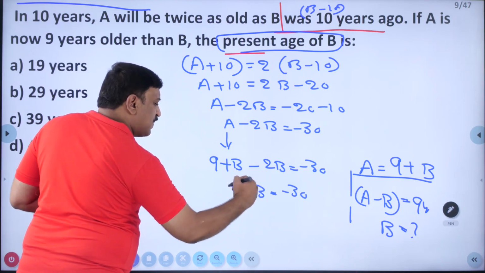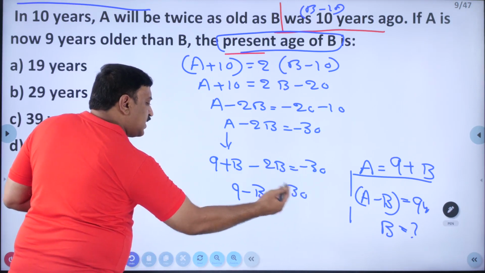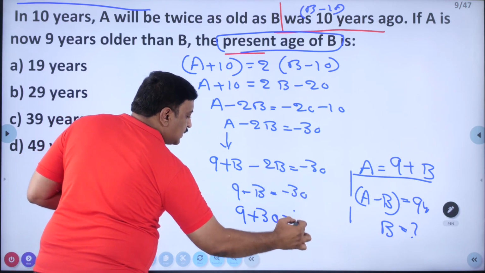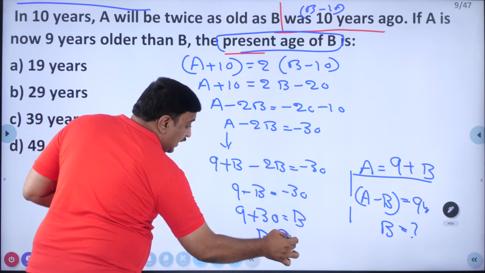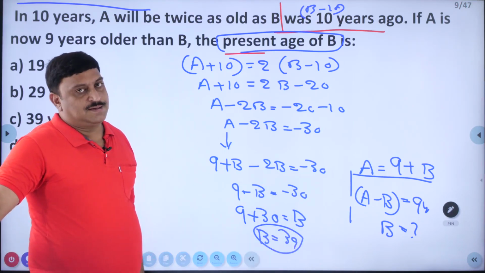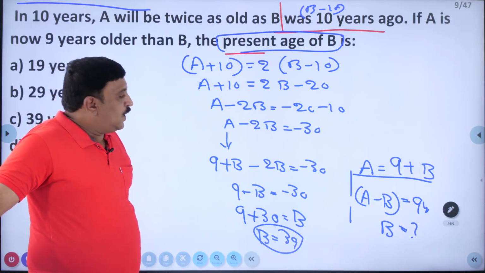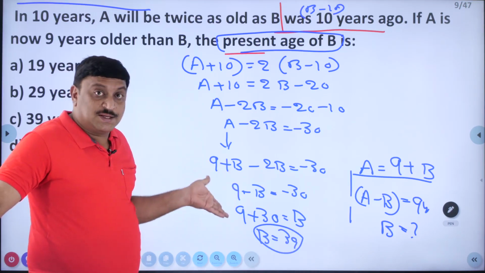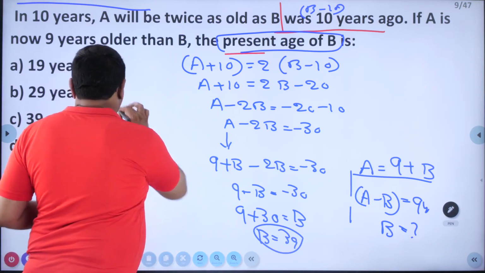Let it be, remove this minus and say you transfer B that side and minus this side. So minus 30 comes this side, becomes plus 30, 9 plus 30, and B goes that side, that is B. How much, man? That is, B is 39 years. B is how much? 39 years. So almost it took around 2 to 3 minutes for us, is it not? So to get the answer, if you write like this, your answer is B is 39 years.